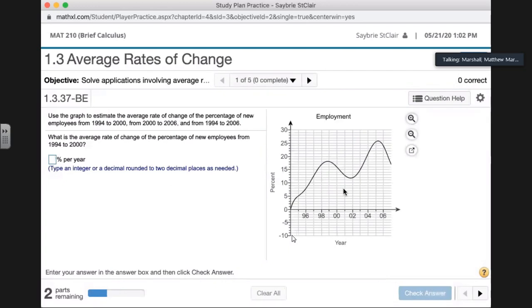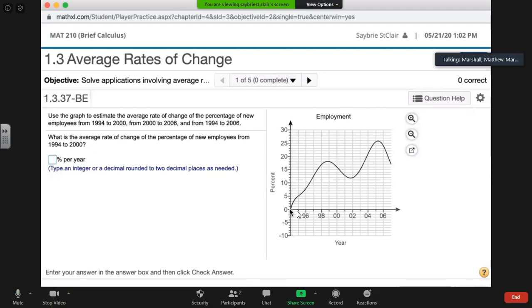Alright, so the first question wants average rate of change from 1994 to 2000. So you got to go right to the 94 box, which looks like one box, and then go up and see what that point is.